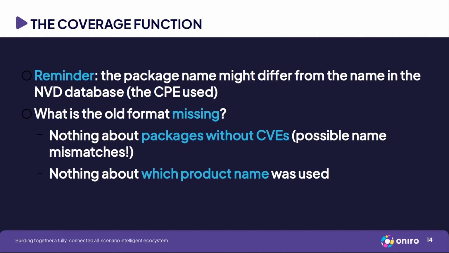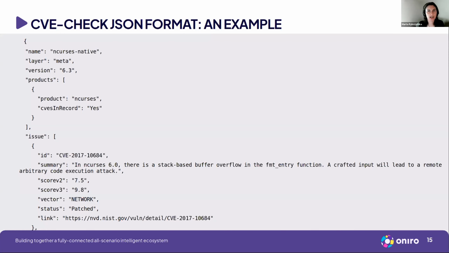And then let's have a look how it looks after the conversion in the new format. So the keywords are the same. It was to keep it as much compatible as possible, but with some additions. You have the products table that is listing all the products that are defined for each recipe, and you have information if it has issues for this name or not.